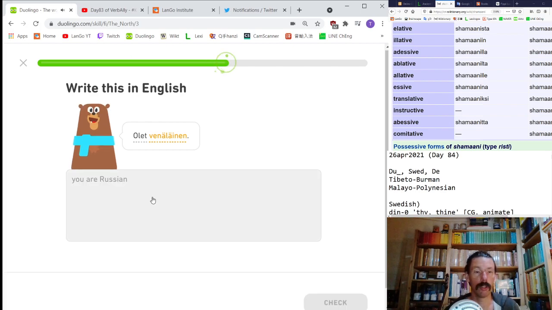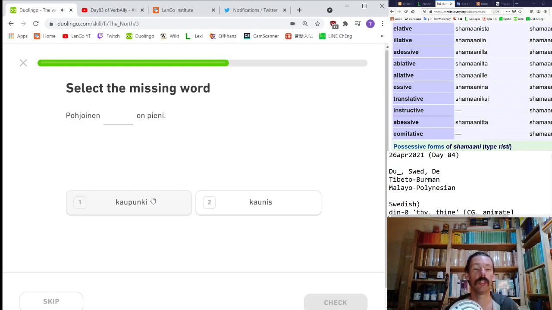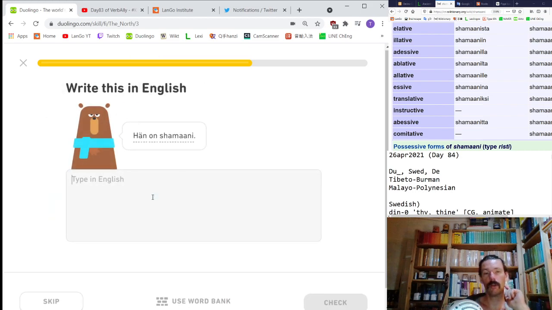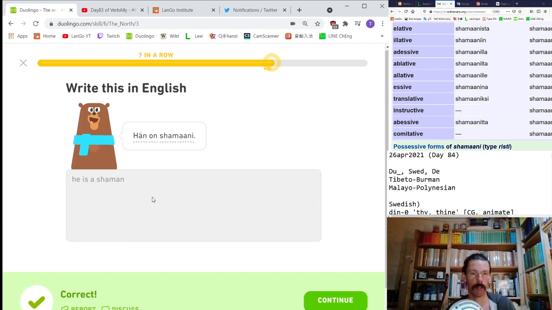Pohjoinen kaupunki. Northern city on piene is small. Yeah. Now kaupunki works much better in that slot than the adjective kaunis. Beautiful. Hen on shamani. Is a shaman. What's she in Finnish? Also hen.